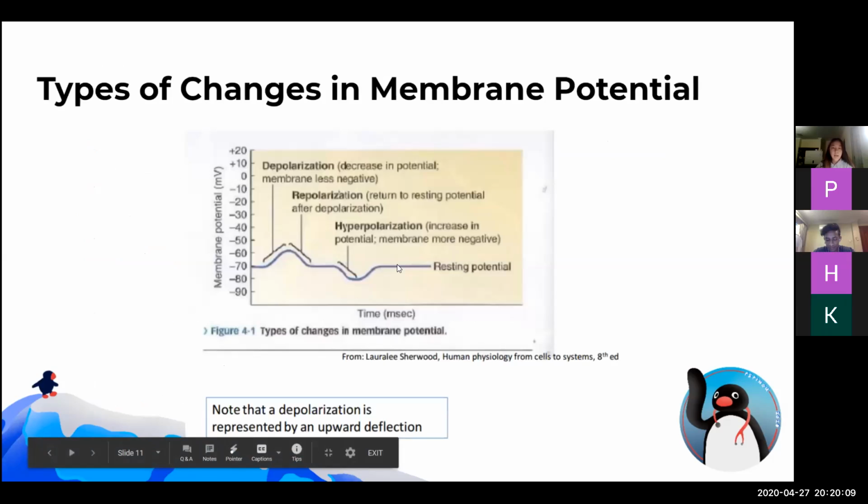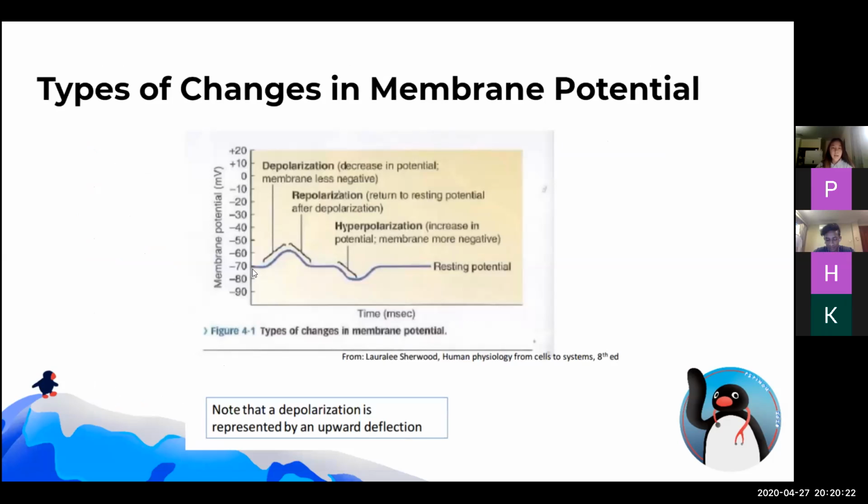And so here we illustrate what these terms mean on a diagram. Normally our membrane is polarized and our resting membrane potential is -70. When our action potential happens, we first get a wave of depolarization, more positive, then come back down to our original resting membrane potential.